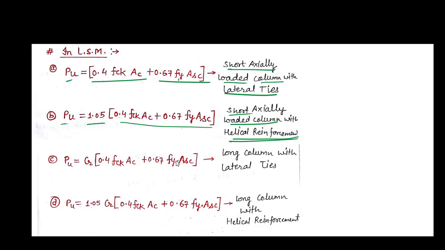So you can easily summarize it as: the short axially loaded column with helical reinforcement is 1.05 times the short axially loaded column with lateral ties. So this value is the same for both, and you can easily make a relation between them.